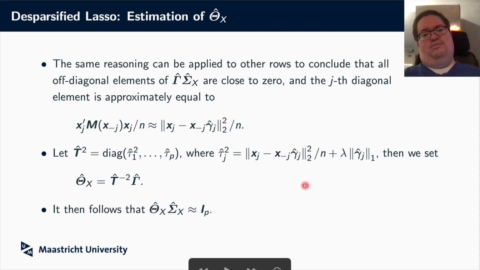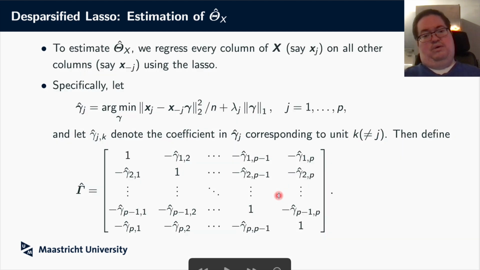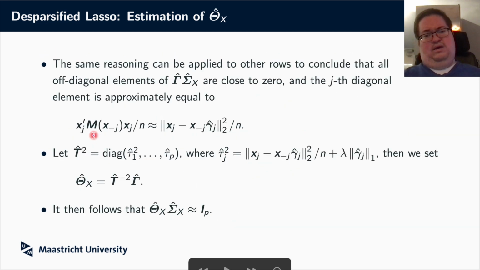And so now what they are suggesting is, take your matrix that you got from all these node-wise regressions, one variable on all the others, and then multiply that with the diagonal matrix, where the diagonal is actually the value of your Lasso objective function.